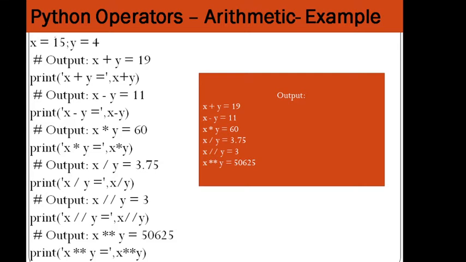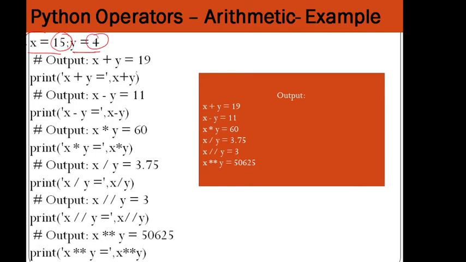We have taken two variables here: one is x and another is y. One we have kept the value as 15, and another we have stored the value as 4.